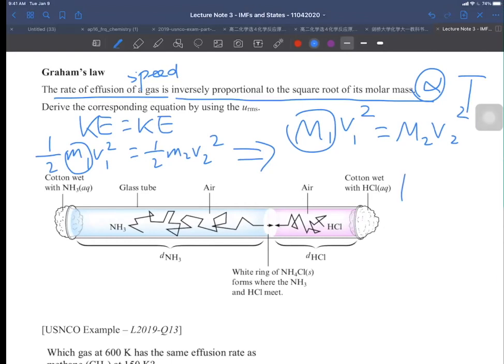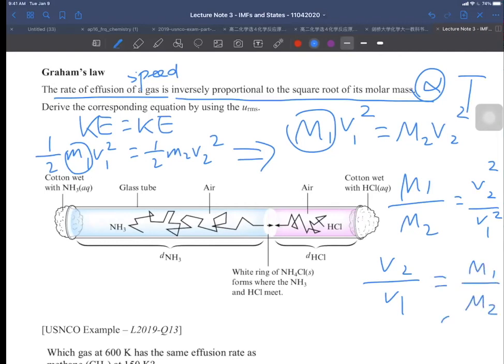And then we can say m1 over m2 equals v2 over v1 squared. So finally, v2 over v1 equals the square root of m1 over m2. So this is exactly the word description of Graham's law.